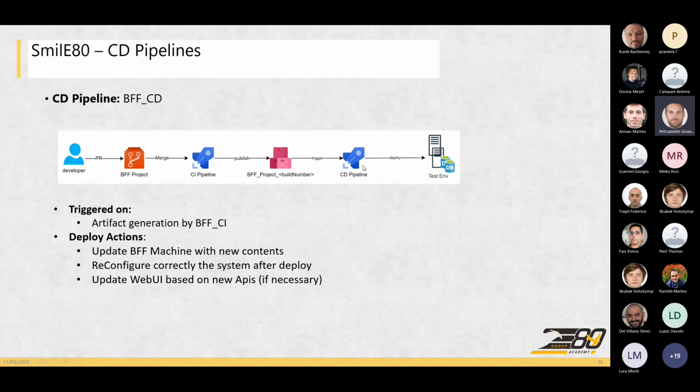Specifically, the pipeline updates the test environment with the new content, reconfigures the system to work properly after the update, and then updates the web UI based on the new API.